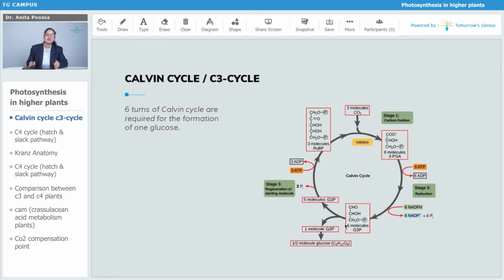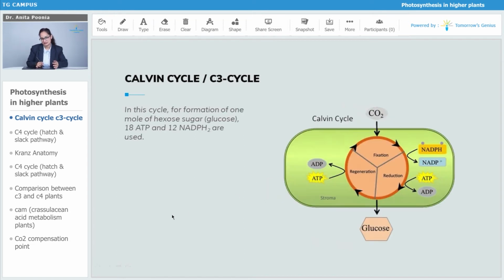Here you get 6 molecules of G3P. Then 1 molecule of G3P, like half a molecule of glucose, is taken out, and 5 molecules of G3P move on. You see the regeneration of the starting molecule over here, again with energy liberation. Rubisco comes into the picture. So this is the whole cycle.